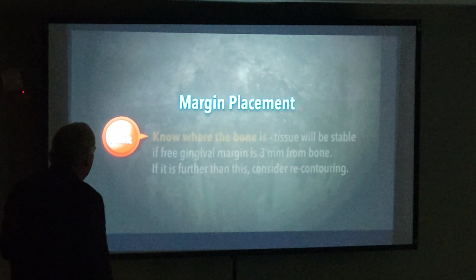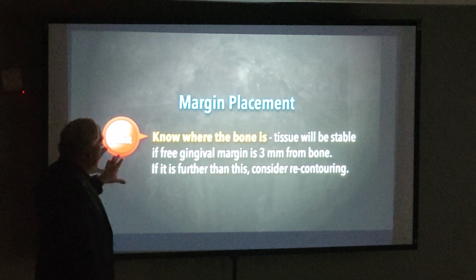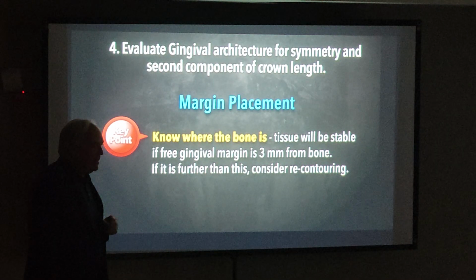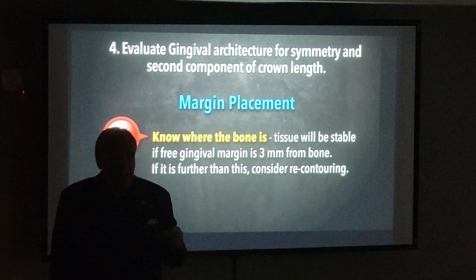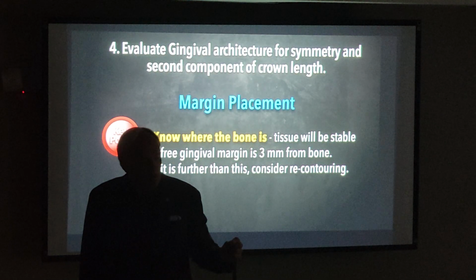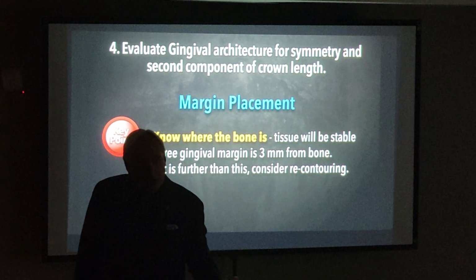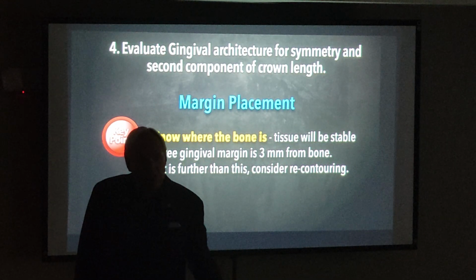So again, we start thinking about margin placement. When I'm doing crowns, I like to know what sort of tissue I'm dealing with. And so sounding the bone is something I do on every restoration, because if I drop my probe in and they have a normal probe depth, but I sound the bone and it's like 5 millimeters, those are the patients that often the tissues recede.